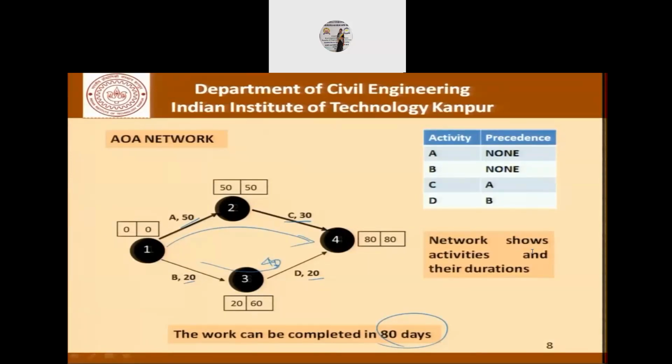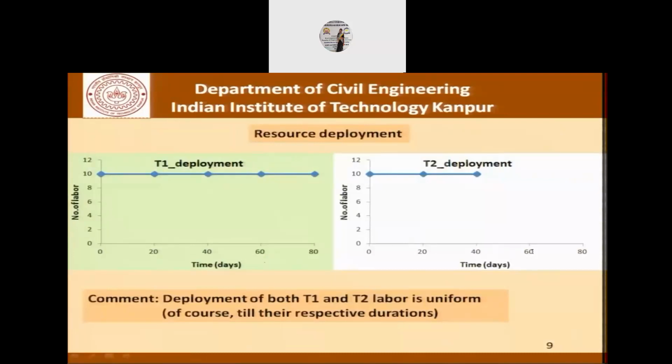In this representation, what we have assumed is that the labor with T1 expertise and the labor with T2 expertise are both employed to the fullest extent right from the word go till the project is completed. So 10 workers with T1 expertise work from day 1 to day 80 when the project is completed.